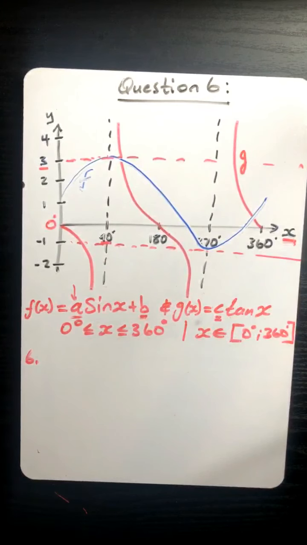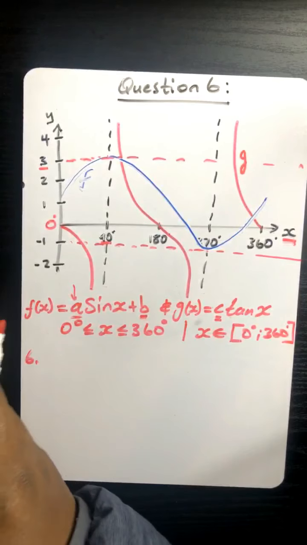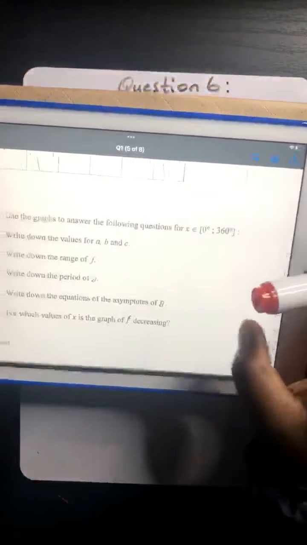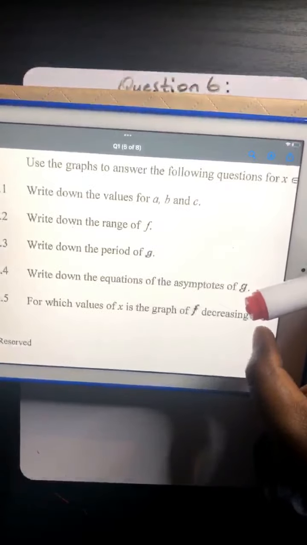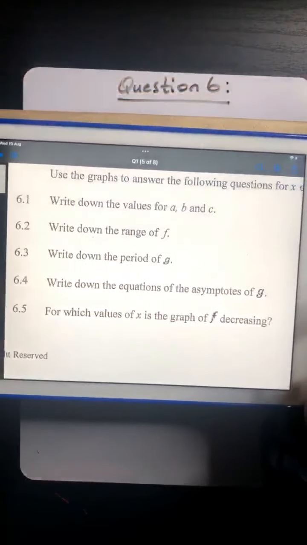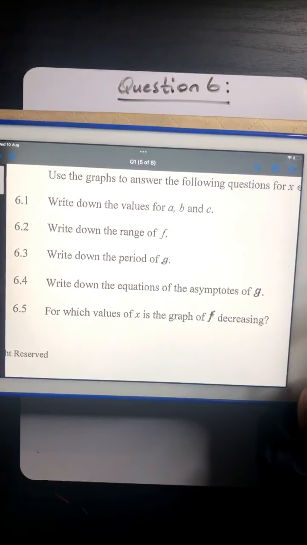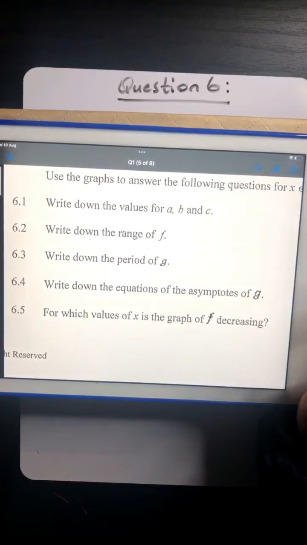So now, let's move to the last question. This one might be tricky and it's allocated 2 marks. Okay, let's see. The question says, for which values of x is the graph of f decreasing?